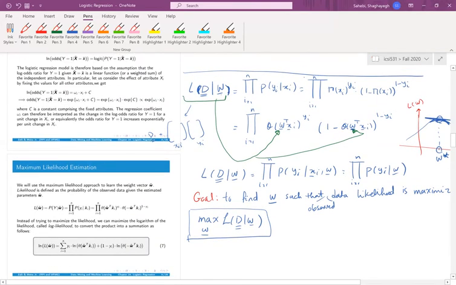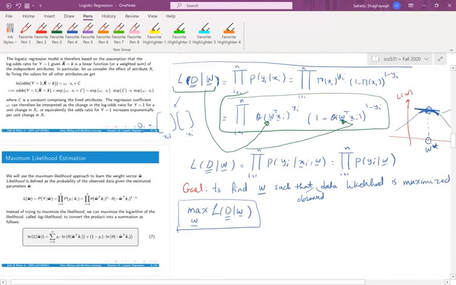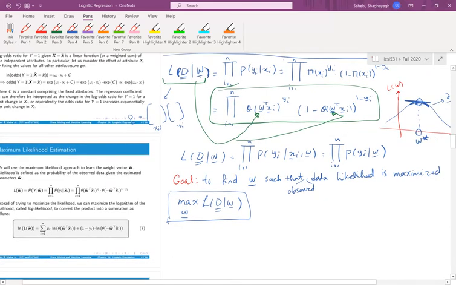So what happens if we want to do that? Let's look at L of W. This is the likelihood function that we are working with. If I want to take the derivative of this with respect to W, you can see that there are so many multiplications there. We have the multiplication over all of our data points and then another multiplication inside this. So I have to apply the chain rule so many times, and it's going to be a very complicated derivative. So it's not that easy to work with. What should I do?